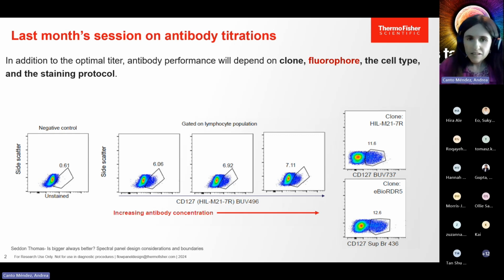But if we change the conjugate to a brighter fluorophore, such as brilliant ultraviolet 737 or super bright 436, you can see here that the separation improves and we are able to detect a higher percentage of CD127 positive cells. So this is the topic we are going to cover today, how to select properly the fluorophores in our panel to achieve the best resolution of our population.